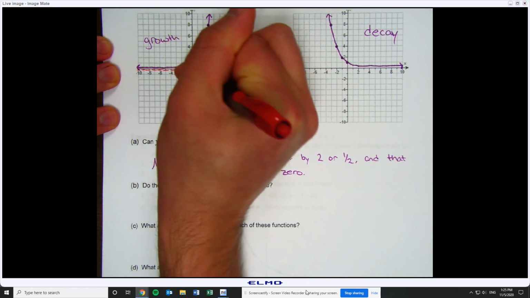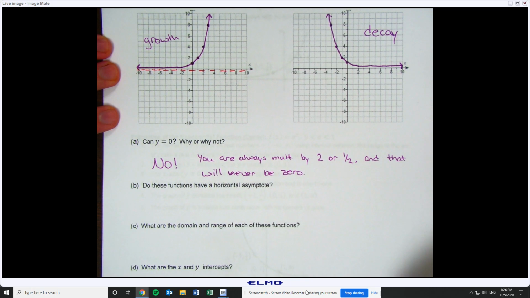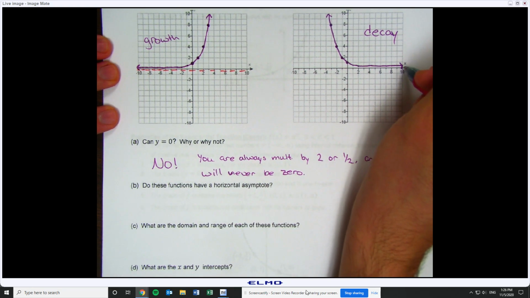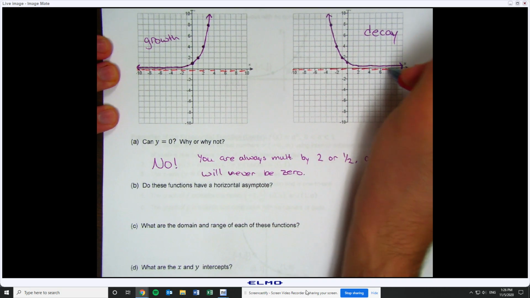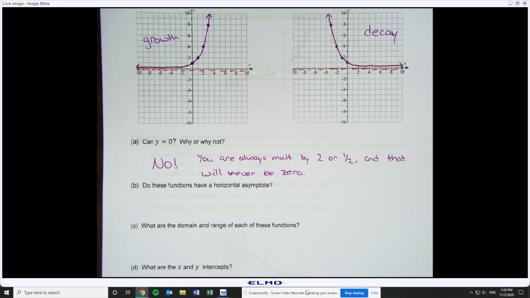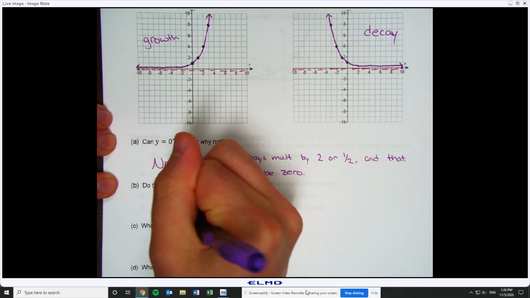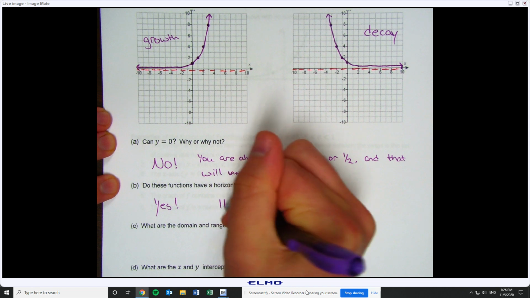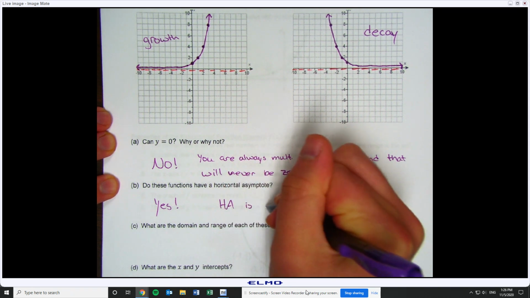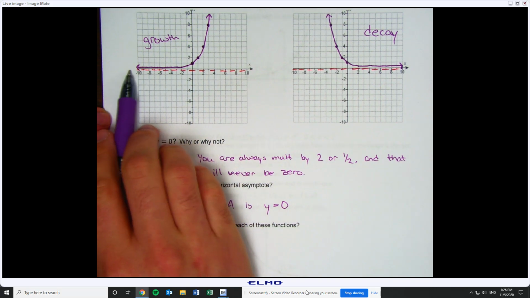The line it follows is right here. And for the other one, yes again, it follows that same line, just on the other side. So they both have horizontal asymptotes. So yes, the horizontal asymptote is y equals 0. That's the line right here.